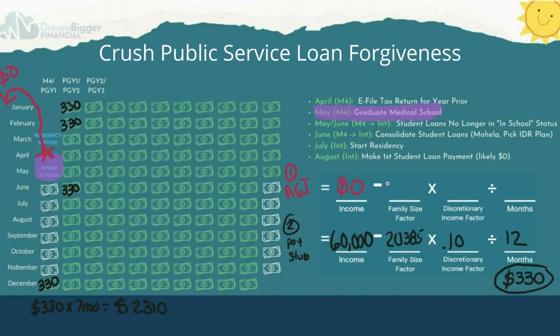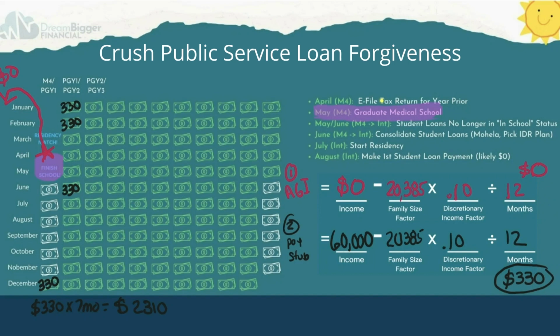We would have the same family size factor and discretionary income factor. And if we divide it by 12 months, we have $0 payments. So by using adjusted gross income, we can take our payments from $333 a month to nothing, just by filing a tax return in April showing $0 income.